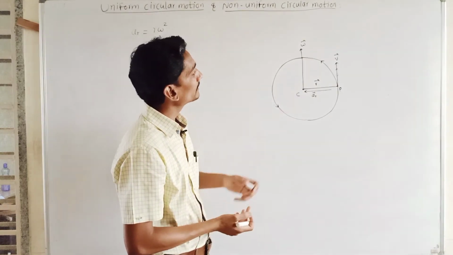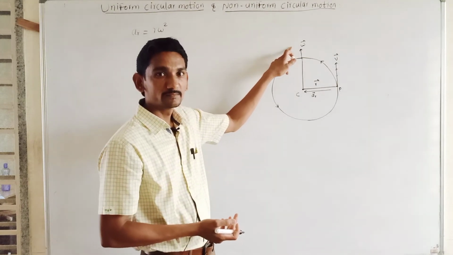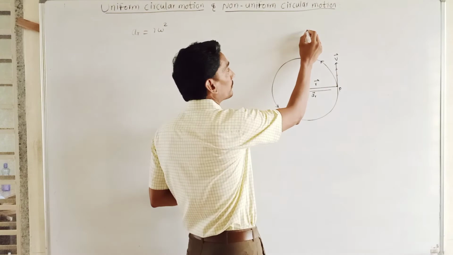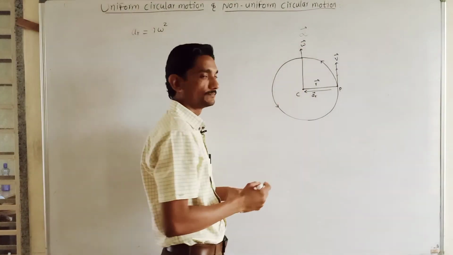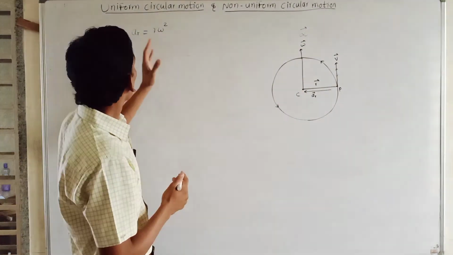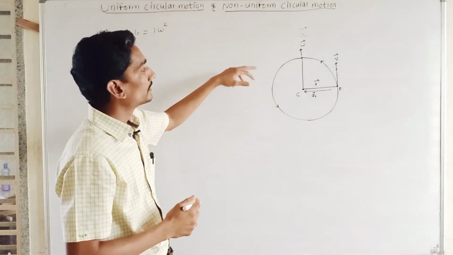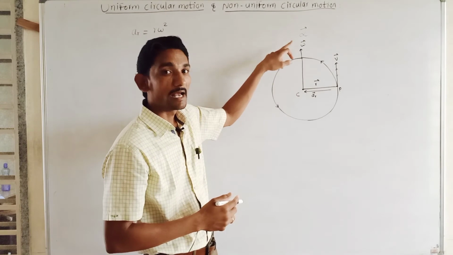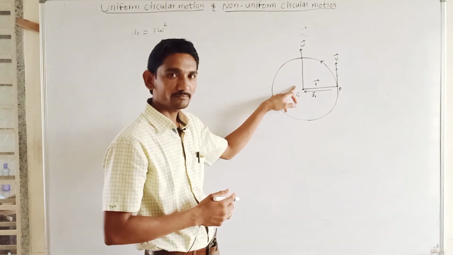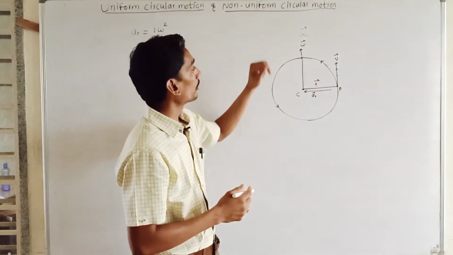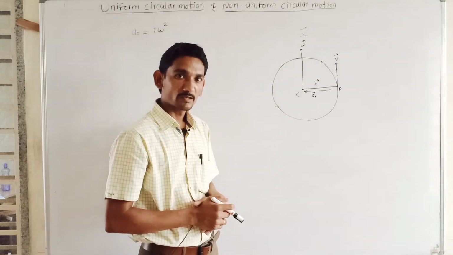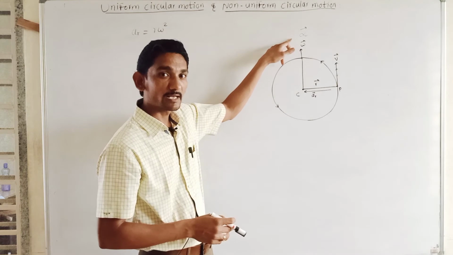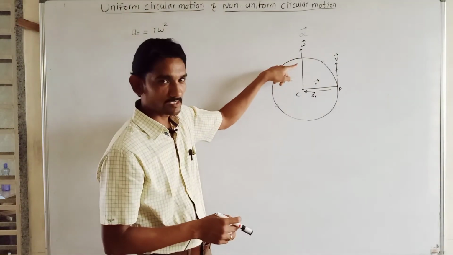Then what about the angular velocity? What is the direction of angular velocity? What is the direction of angular acceleration? In uniform circular motion, the direction of angular acceleration is always along the axis of rotation. In non-uniform circular motion, again the angular acceleration is along the axis.